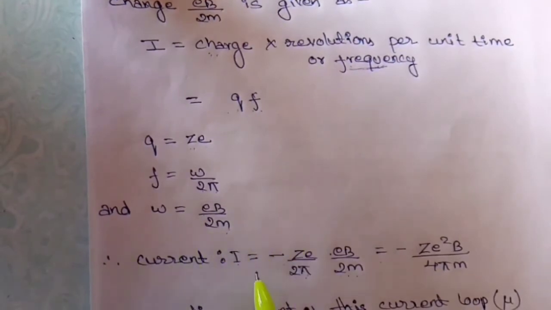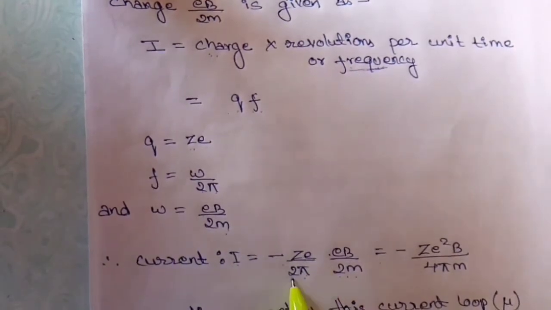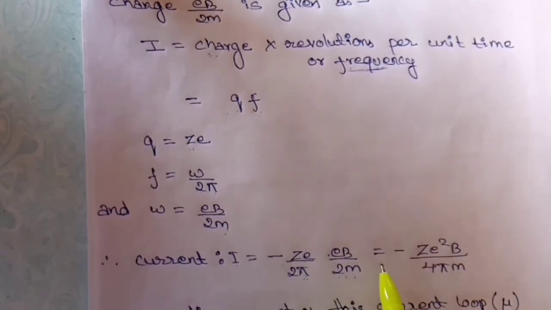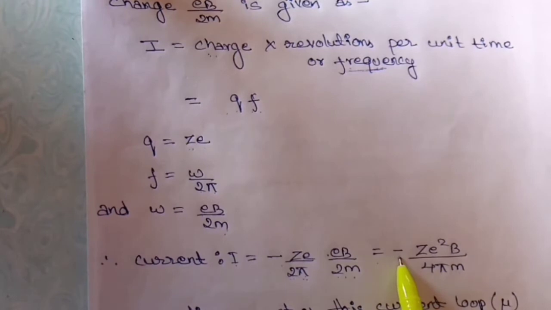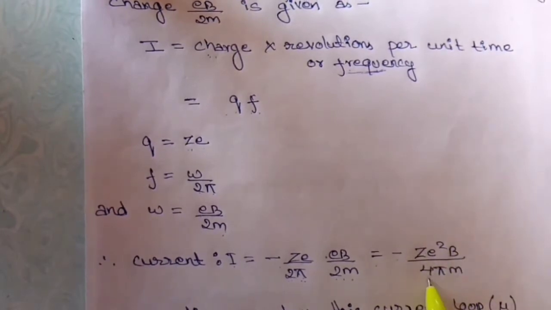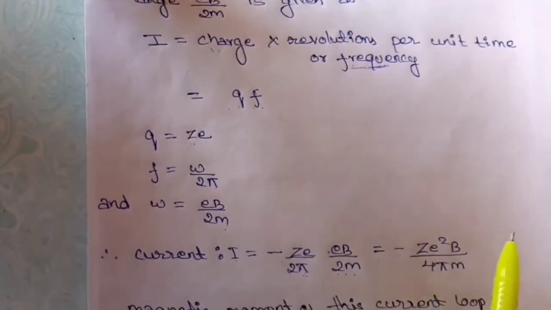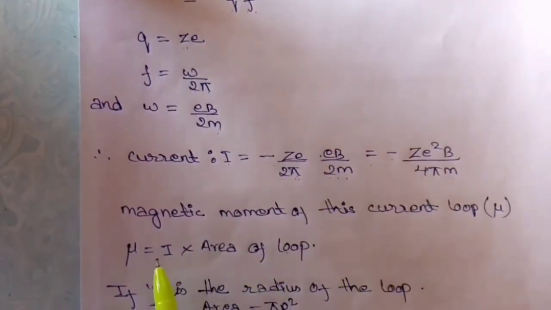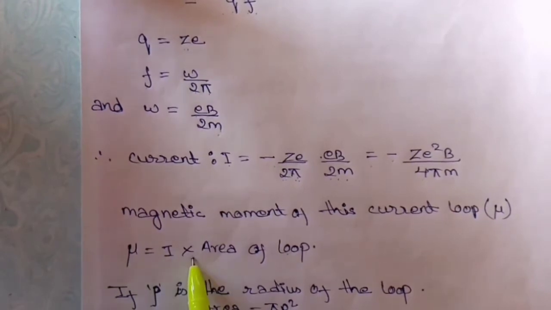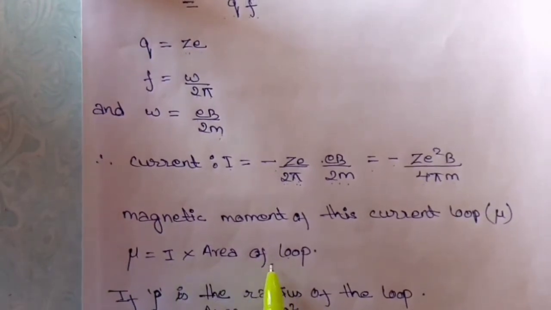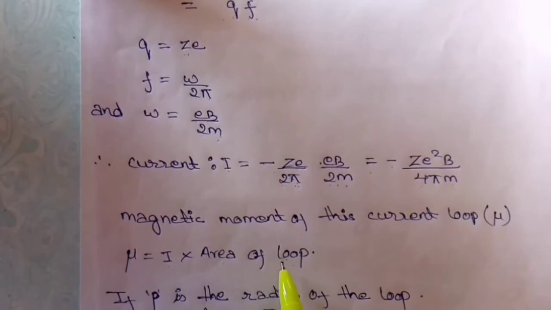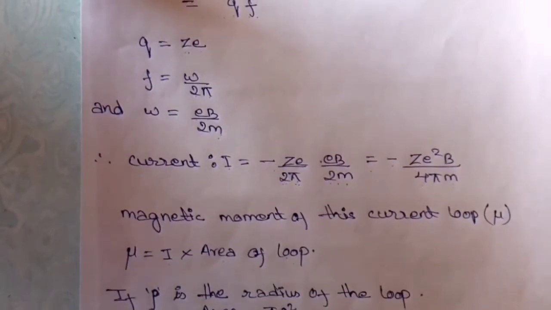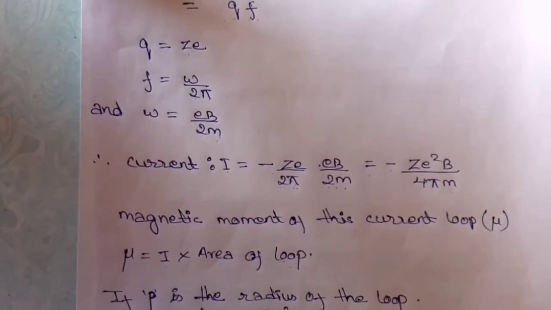So the current becomes minus Ze divided by 2 pi into eB divided by 2m, which equals minus Ze square B divided by 4 pi m. So the magnetic moment of this current loop equals I into the area of the loop. If rho is the radius of the loop, then area equals pi into rho square.